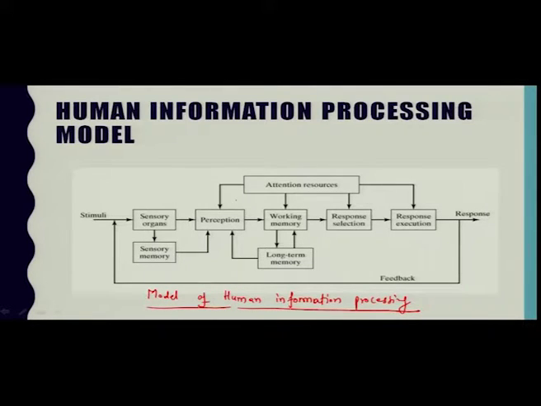Cognitive ergonomics considers how the human mind perceives its environment and processes information. Any kind of cognitive activity, which may be speaking, thinking, learning, calculating, problem solving, or making decisions, is performed within this model of information processing. This figure presents a very useful model that reveals how these cognitive functions are performed.